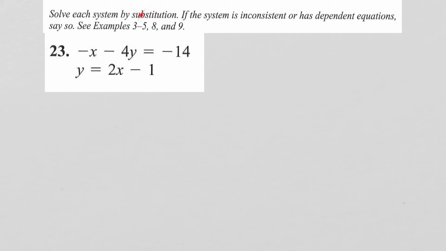Okay, again, we're going to solve by substitution. This is the equation that's already solved, so I'm going to take this and plug it in right there. So I have negative x minus 4y, and y is 2x minus 1, is equal to negative 14. So now I'll distribute this, and I'll have negative x minus 8x plus 4 when I distribute, is equal to negative 14.